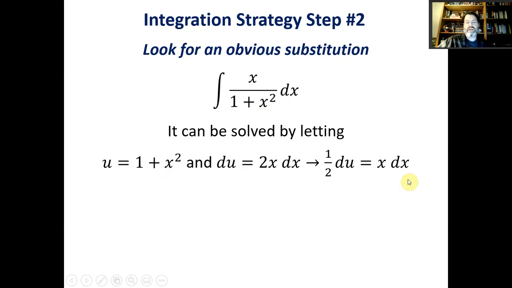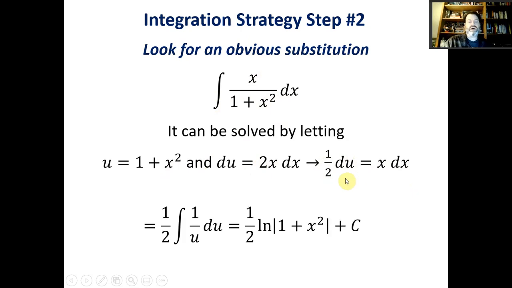And when you set up the U substitution, you see that it is exactly 1/2 of the derivative, right? So it's just 1/2 1 over u du, and that's an easy integral to do, right? It's just the natural log of 1 plus x squared plus c. So first two, pretty straightforward stuff, Calc 1 level stuff.